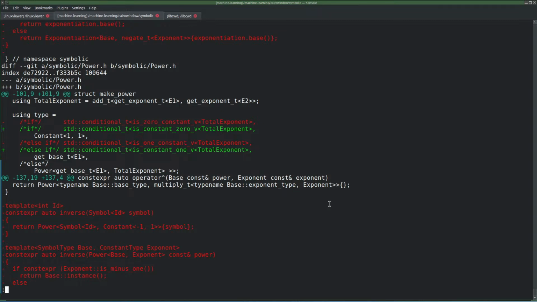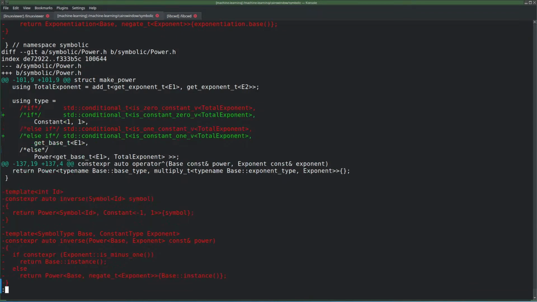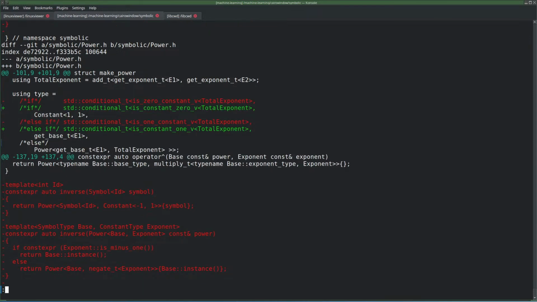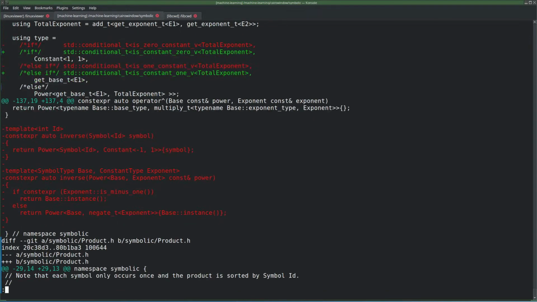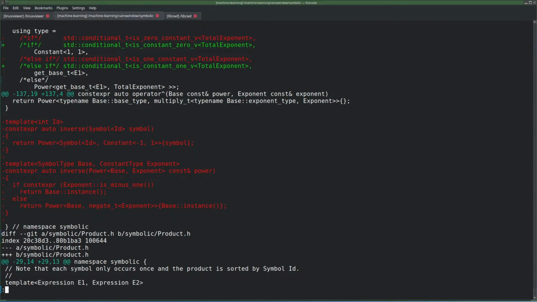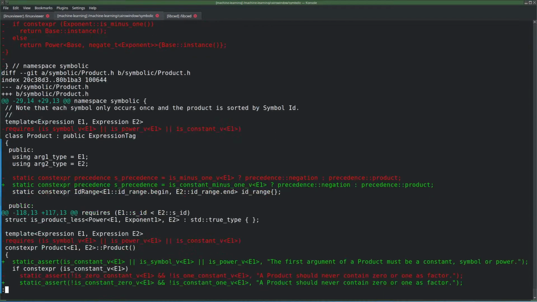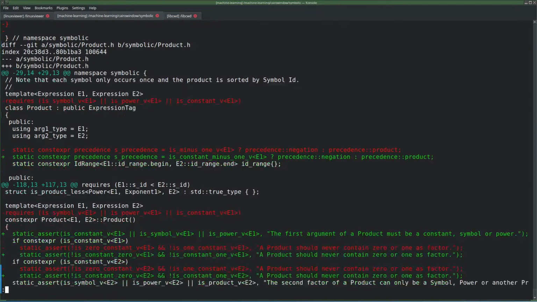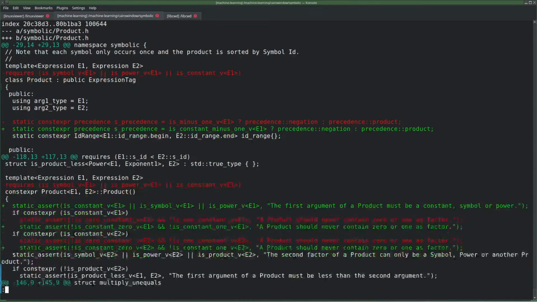Yeah, I renamed these things. Zero and constant was swapped. Put constant first. Inverse was moved to a header and also renamed to invert. I had to remove this requires. Otherwise, yeah, long story.